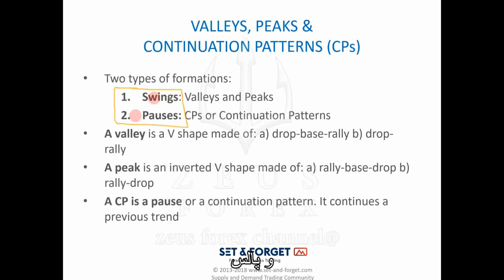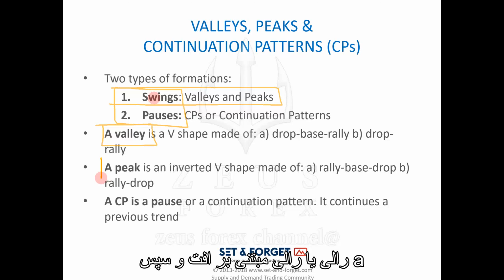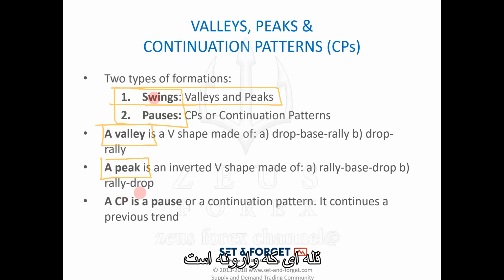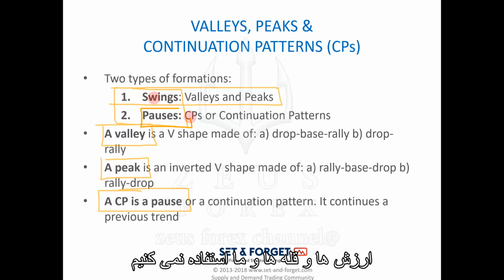The swing is made of a valley, which is a V shape made of a drop-rally or a drop-base-rally, and a peak, which is the inverted V shape, and then we've got the pause. It is crucial to distinguish these price actions because later in the lessons they will allow us to draw trend lines connecting the latest swings, valleys and peaks, and we are not using the pauses to do that.